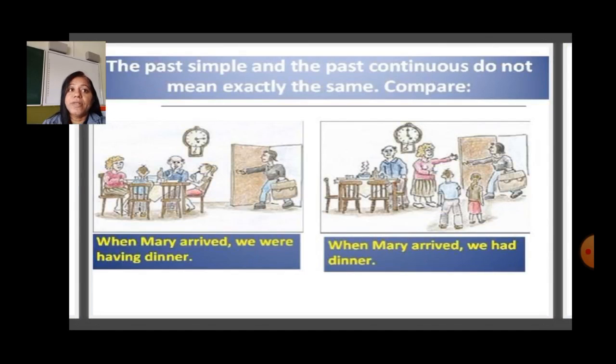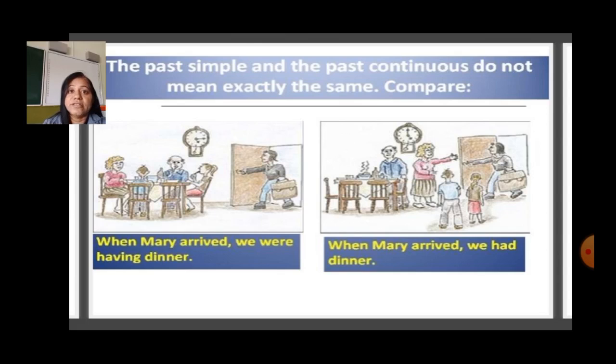The past simple and the past continuous do not mean exactly the same. For example, when Mary arrived, we were having dinner. When Mary arrived, we had dinner. Now you can see the difference. The first sentence shows that when Mary arrived, at that time they all were having dinner, the dinner was going on.